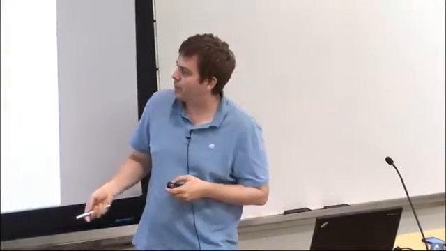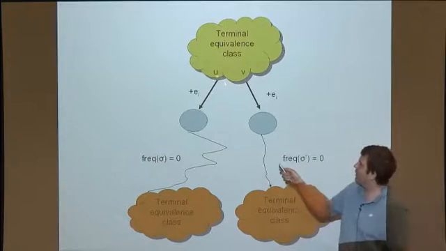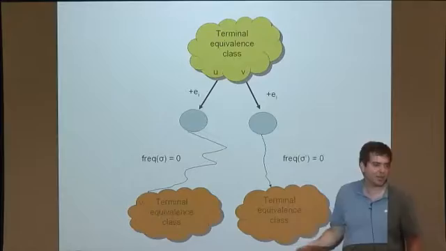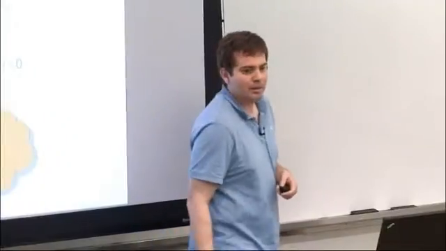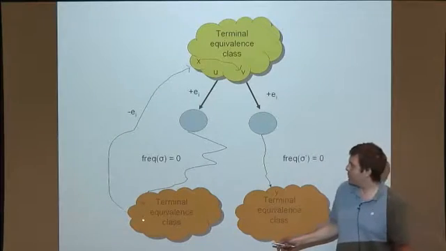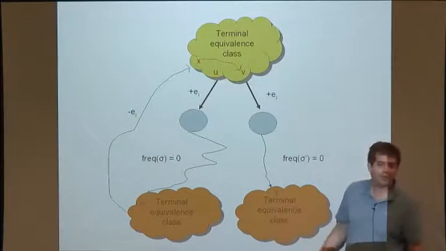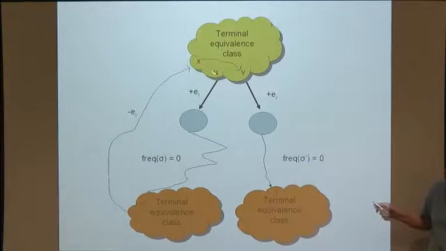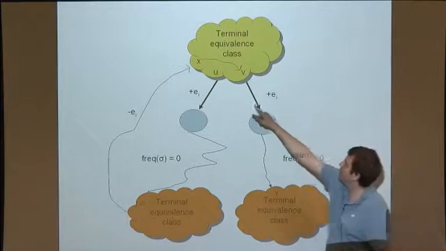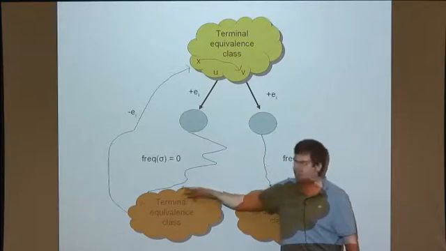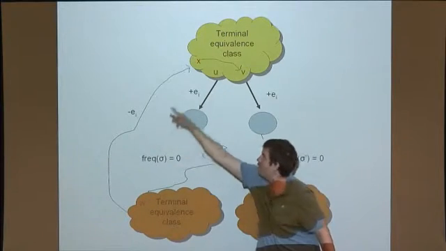OK, so why are these two terminal equivalence classes actually the same? Suppose that I started at U, and I executed this path and got to a terminal equivalence class, and I got to some node W. Then from W, suppose I have the update minus EI. Let's look at this path. It's actually a zero frequency path because I start at U, I add EI, I take a long sequence of zero frequency streams, and then I subtract EI.